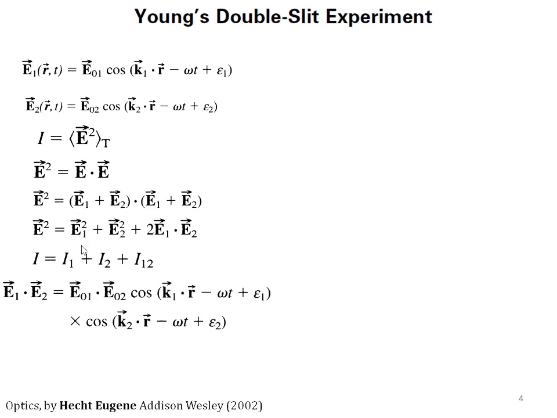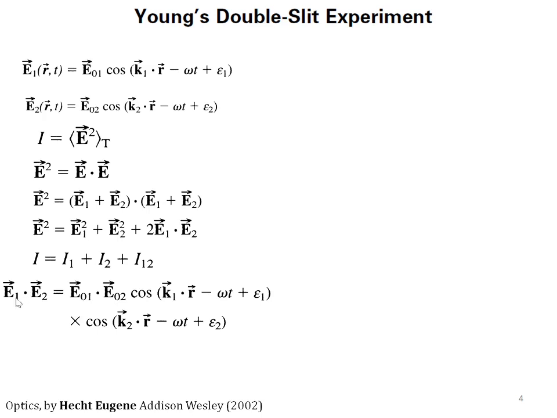Actually, this is not directly the intensity. This doesn't give intensity directly. We have to take the time average. So for intensity, I1, the intensity of the first source, is going to be the time average of the square of this. Similarly I2 is the time average of the square of this, and so on.